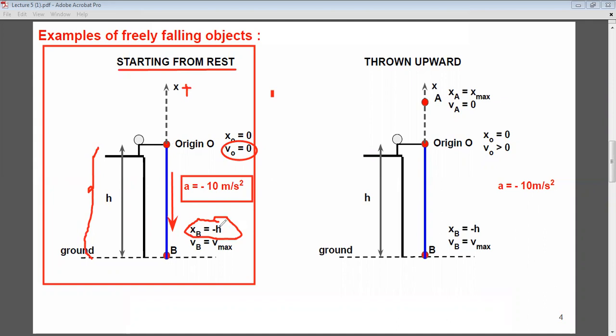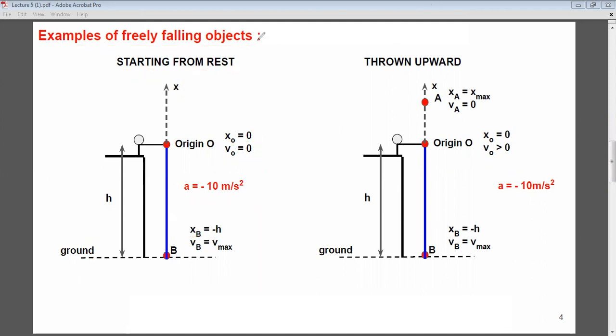What else do I know about B? Just imagine you carry a ball starting from rest. What happens to the speed as it's going down? The speed will be increasing until it reaches the floor, right?